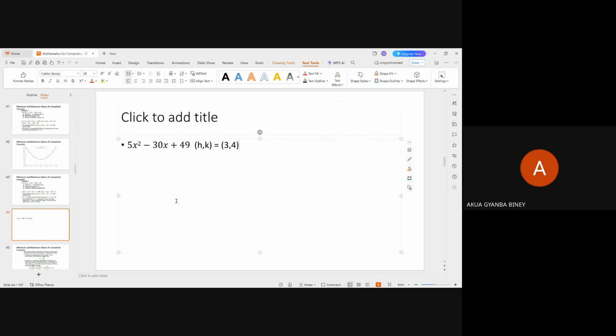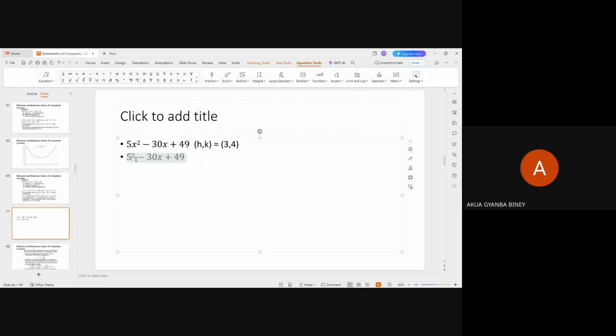And I'm saying that if they ask you for the minimum or maximum value, mostly it is this value, your k. But to let you believe it is k, or for those who want the long procedure, put your 3 inside the equation.